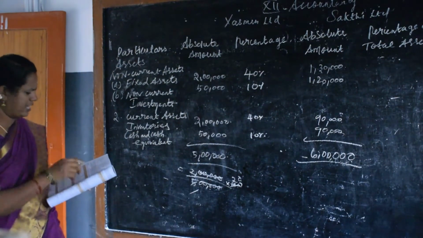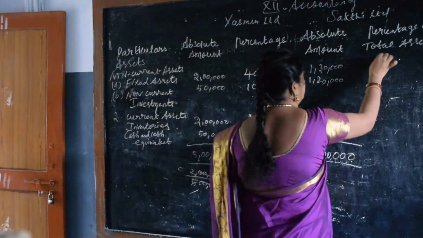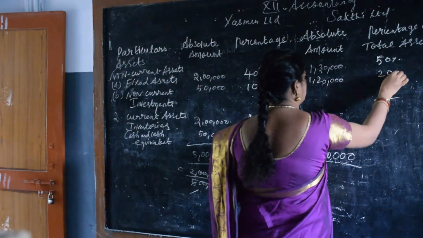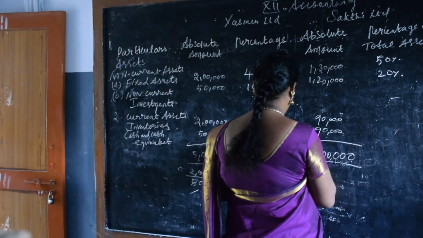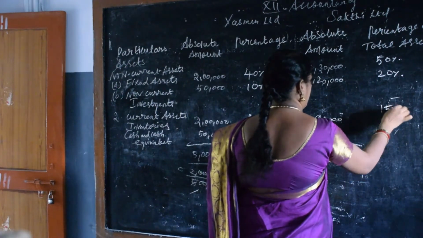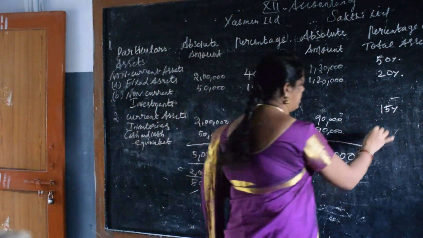Okay? Yes, next moving on to the fixed asset here, it is 50%. The next one is 20%. And the next one for the inventories is 15%. And for the cash and cash equivalent is also 15%.